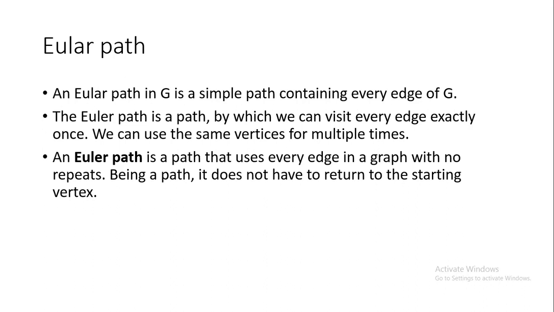In other words, an Euler path is a path that uses every edge in a graph with no repeats. Being a path, it does not have to return to the starting vertex, so there is no restriction to return to the starting vertex.